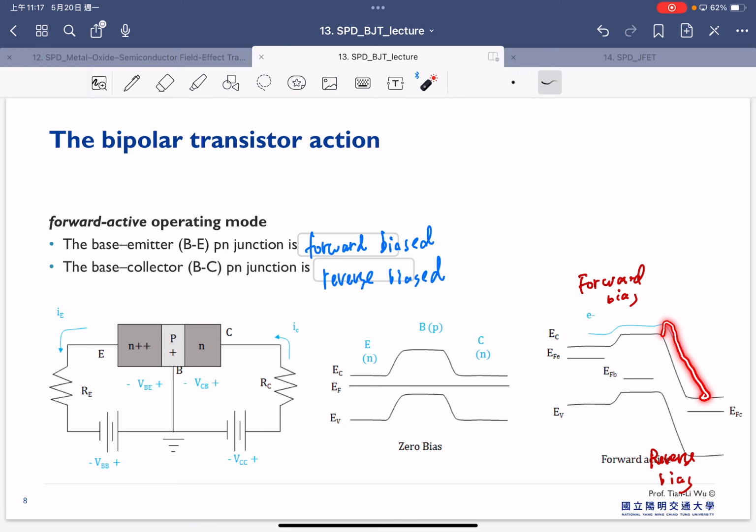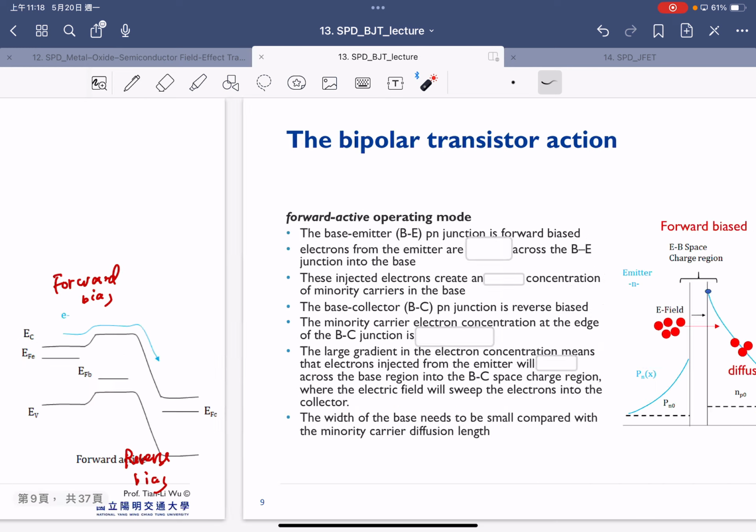That's why under the forward active mode, we expect a current can flow in our BJT. One thing we can understand from the band diagram, or from the minority carrier distribution as shown here.